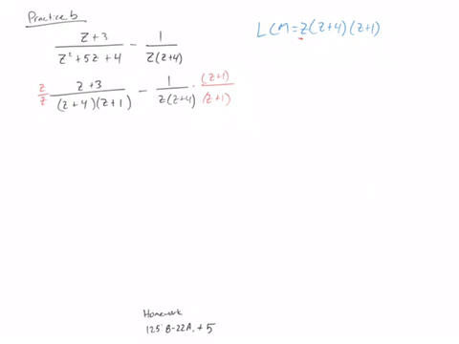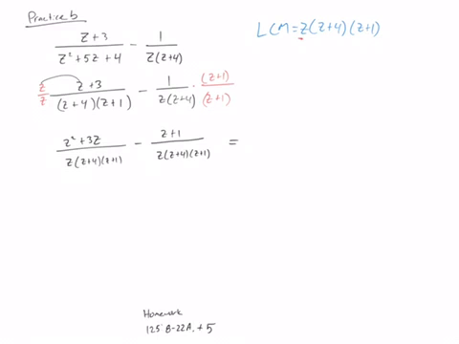Multiplying all that in, my denominator is going to be z times z plus 4 times z plus 1 minus, same thing over here, z times z plus 4 times z plus 1. My numerator on the left is going to be z squared plus 3z. Then on the right I have z plus 1.